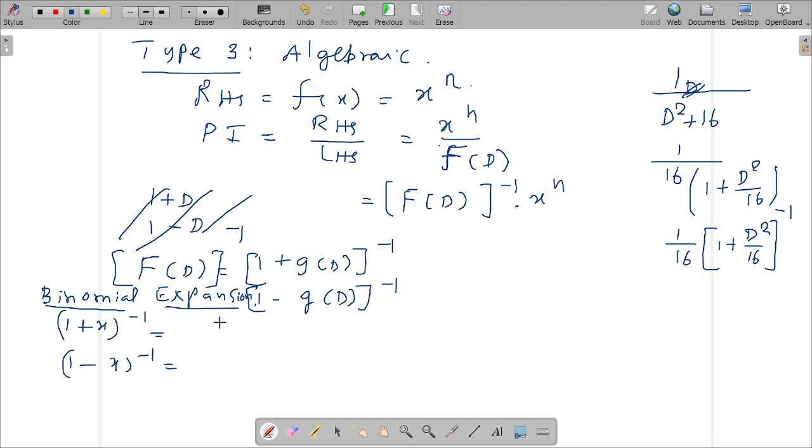At least two types we can do today. Feel free, at least one of you can try this: (1 plus x) power minus 1, (1 minus x) power minus 1.